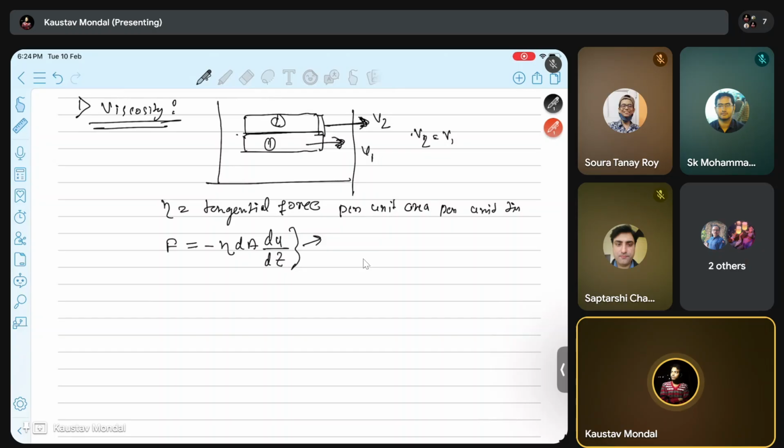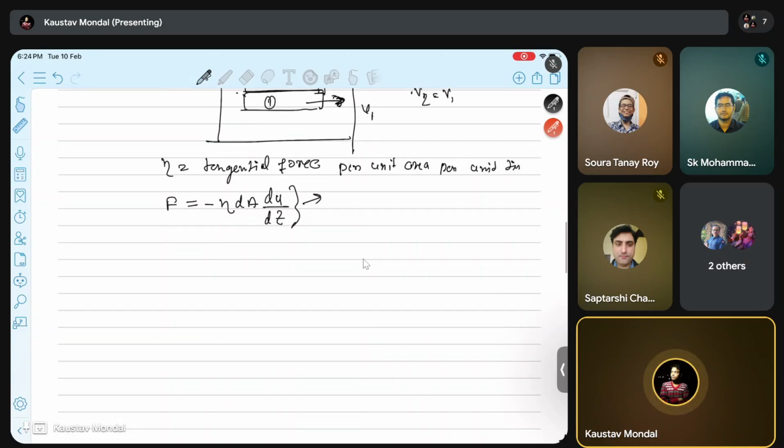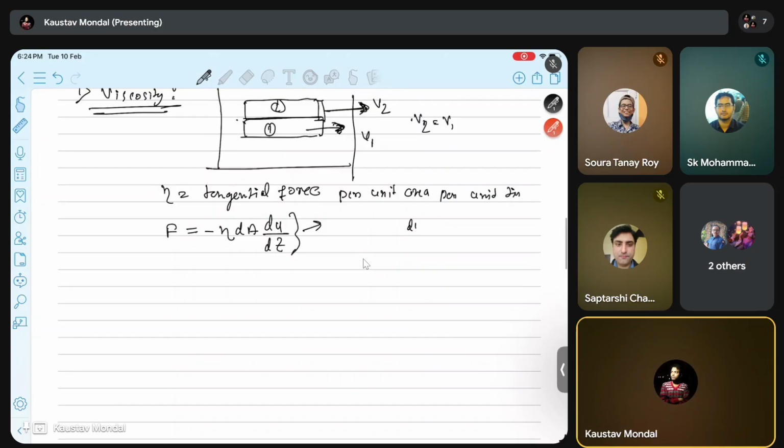Two layers are moving with different velocities, so there should be a velocity gradient, and this gradient is defined by du/dz. And this eta is known as the coefficient of viscosity.